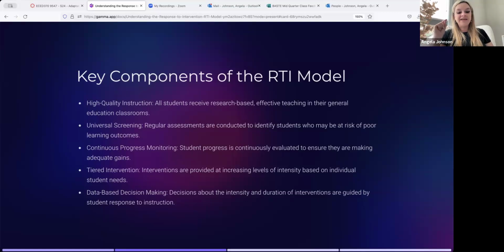Interventions are provided at increasing levels of intensity based on individual student needs. So you would start by having the tier 1, everybody gets the same in the classroom. High quality instruction, you're assessing them, you know where the problems are, you know what you're doing. Then you would go to tier 2, right?